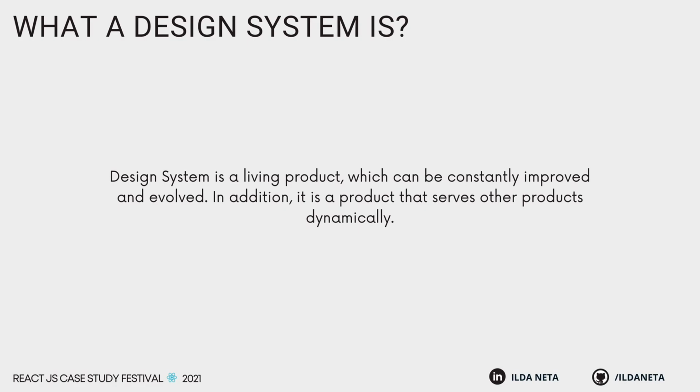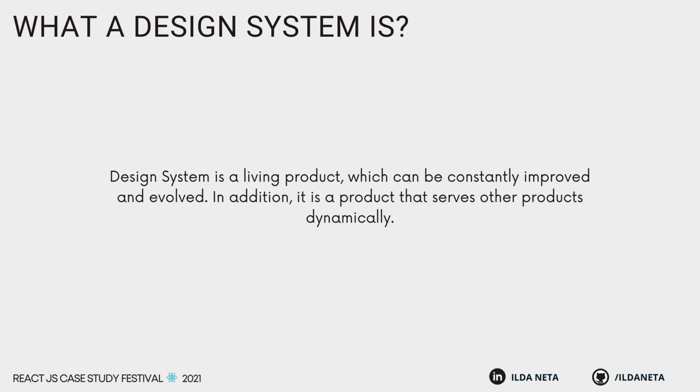So, do you know what a design system is? A design system is a living product which can be constantly improved and evolved. In addition, it is a product that serves other products dynamically.